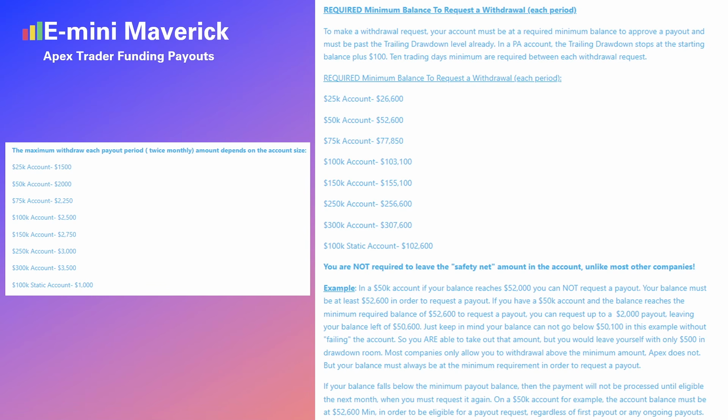With a 25K account, you're able to withdraw $1,500 on your first pay period, but you're only required to have $26,600 in your account. Whereas on a 50K account, you can only withdraw $2,000, but you need to earn $2,600. So there's an extra $600 above your first payout amount that's required of the 50K account. And that's not necessarily a bad thing, because you're leaving $600 in drawdown available for your next cycle.